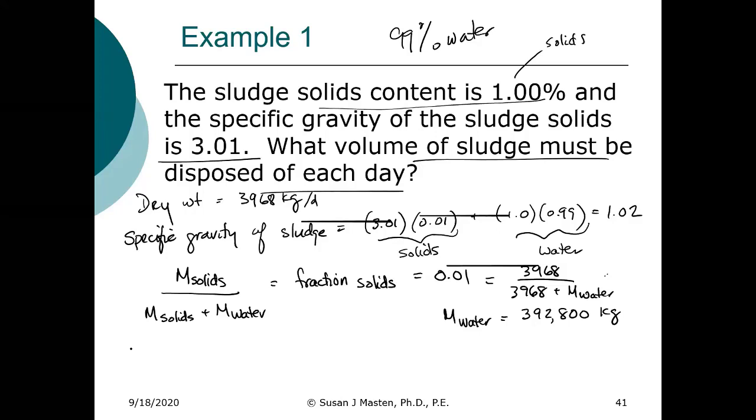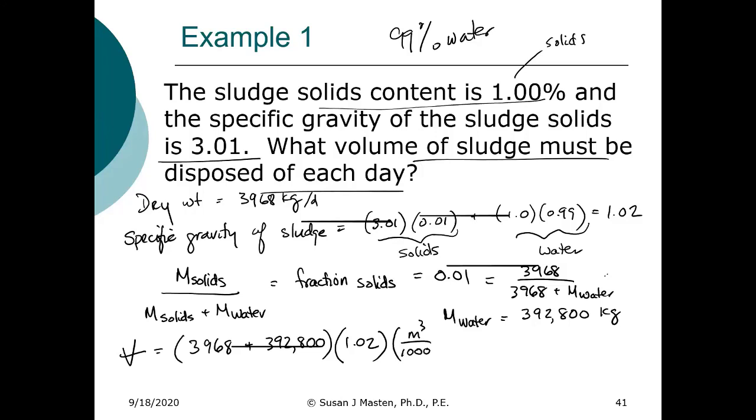So the volume is equal to the total mass, the 3,968, the mass of the solids, plus the mass of the water, divided by the specific gravity that we calculated here times the density of water, which we'll assume is 1,000 kilograms per cubic meter.